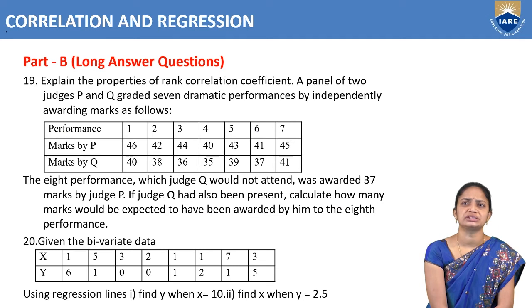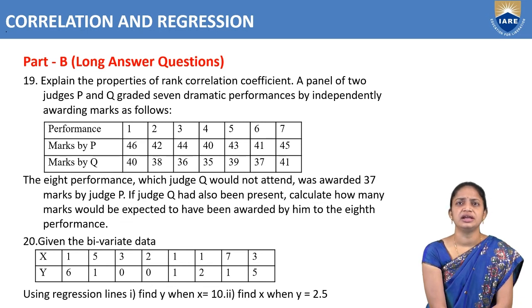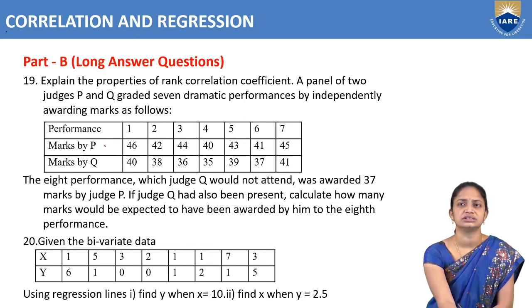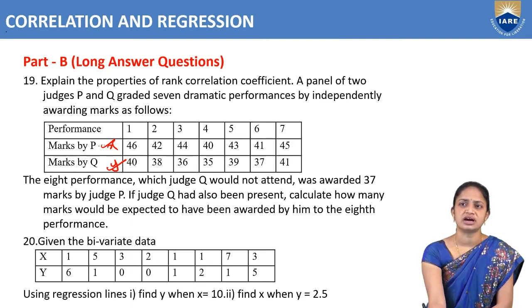Next one, explain the properties of rank correlation coefficient. A panel of 2 judges P and Q graded 7 dramatic performances by independently awarding marks as follows. Here they have given the marks. Let us consider this is P and this is Q, or this is X and this is Y. The eighth performance, which judge Q did not attend, was awarded 37 marks by judge P. If judge Q had also been present, calculate how many marks would be expected to have been awarded by him to the 8th performance.